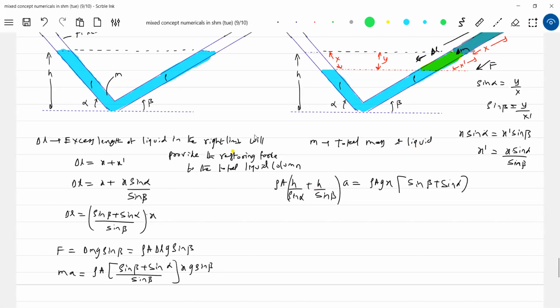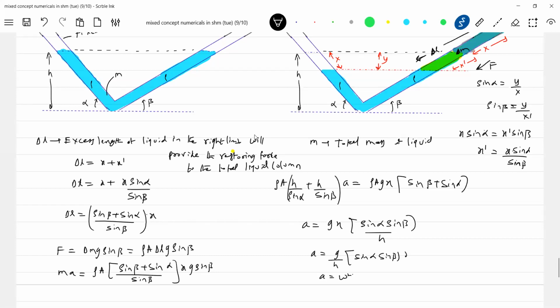So what can we cancel out? Rho A gets cancelled. So therefore this acceleration should be equal to G X, sine alpha sine beta by H. Okay, very best equation.